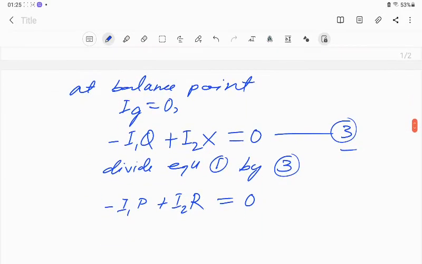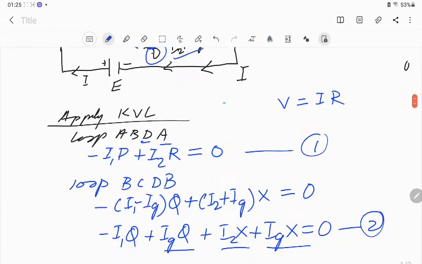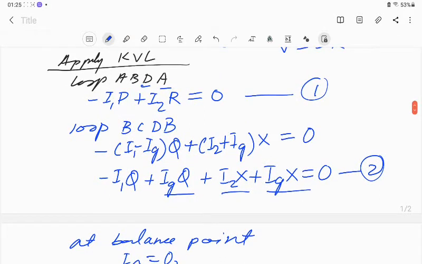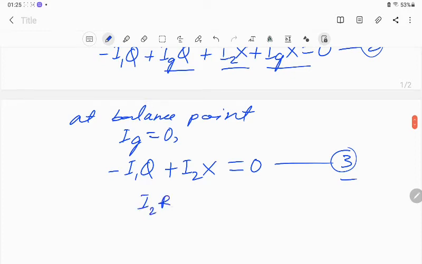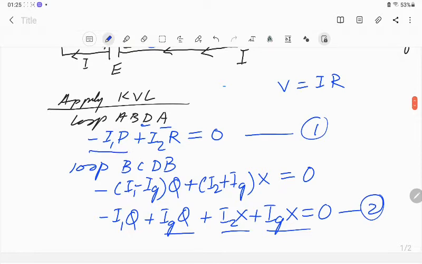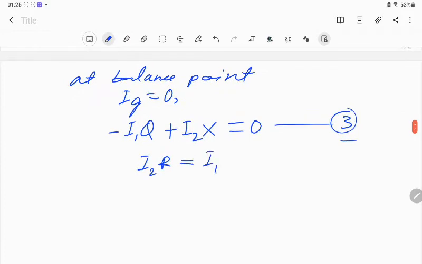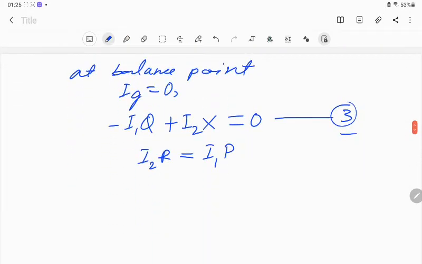Okay, before dividing, arrange this equation 1. This minus is there, na? So I2R equal to, this minus term, if we bring this side, then it will become positive. So I1P. So make this equation 4.